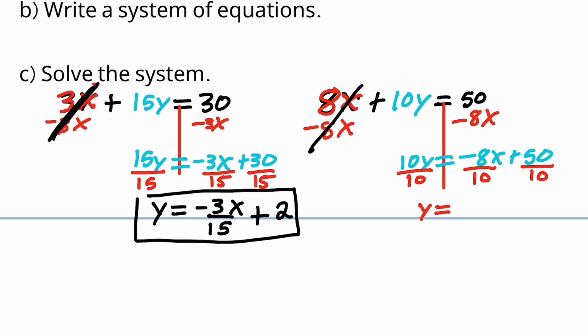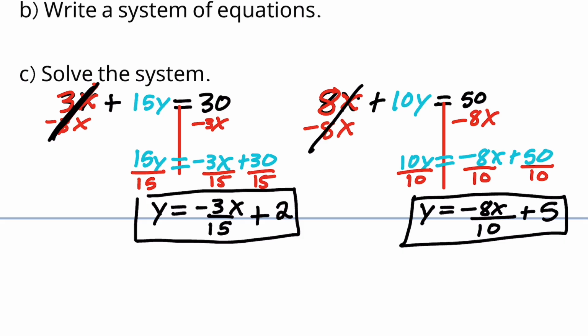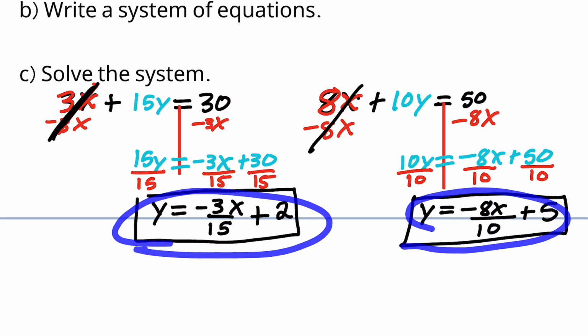And so I get y is equal to negative 8x divided by 10 plus 50 divided by 10, which is 5. And there we go. So here are both of my equations.